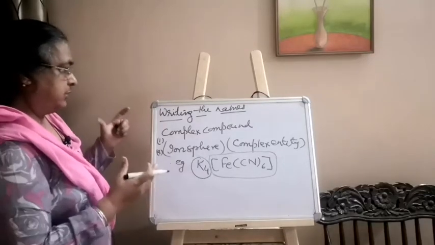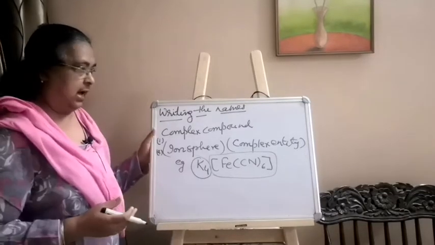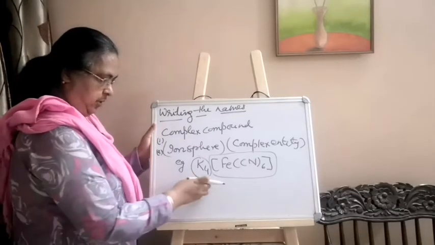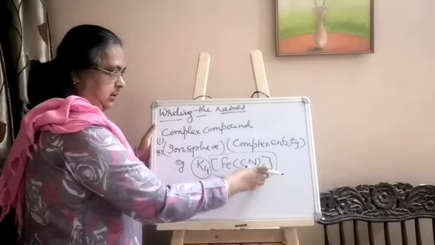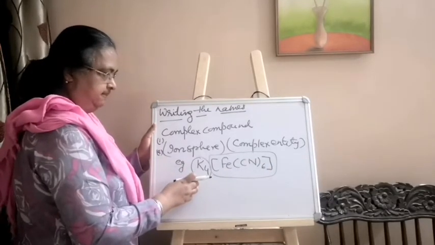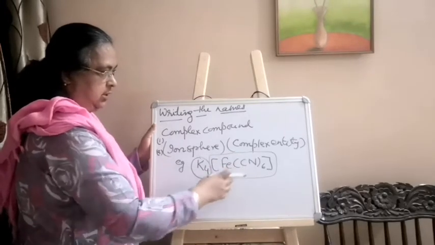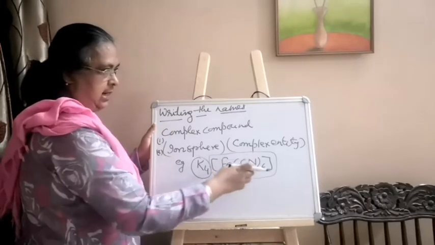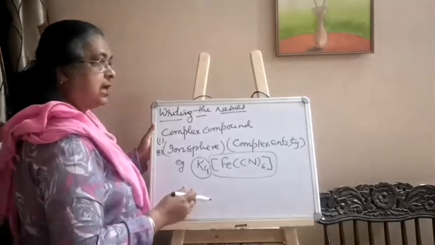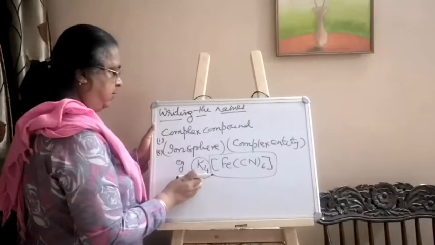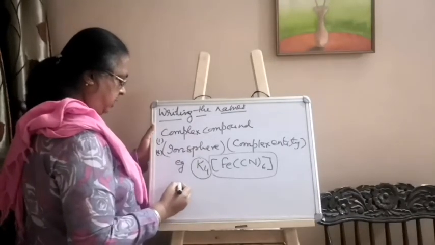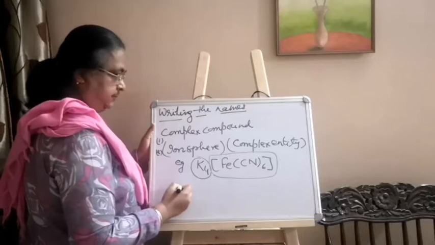You know that a compound has a positive part and a negative part. When the positive part is the ionosphere and the negative part is the complex entity, then the complex entity is an anionic entity. In this case, you first write the name of the metal present in the ionosphere, that is potassium.